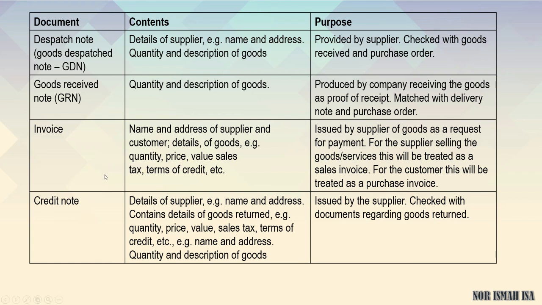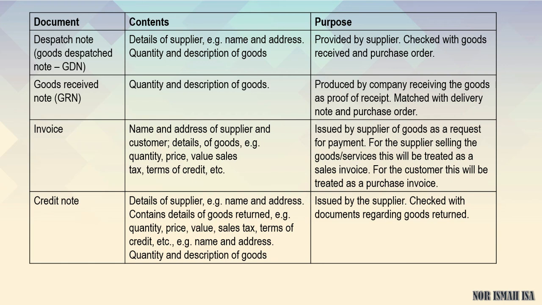And then invoice. For the invoice also we have two: purchase invoice and sales invoice. But the business that produces the invoice is the seller. The original part should go to the buyer, which we call the purchase invoice, and whatever copy is left to the seller is the sales invoice.